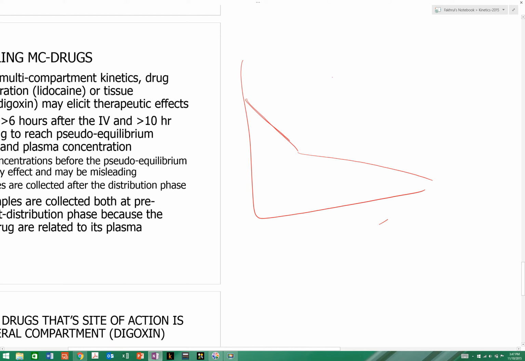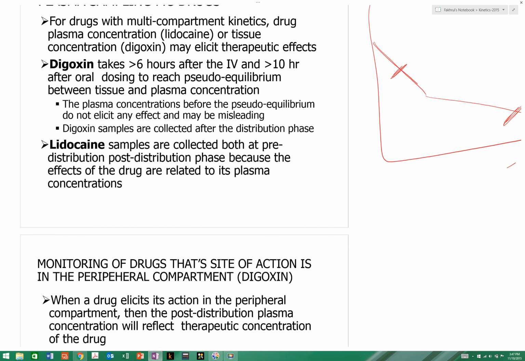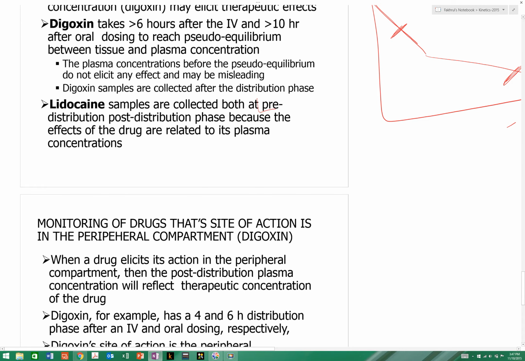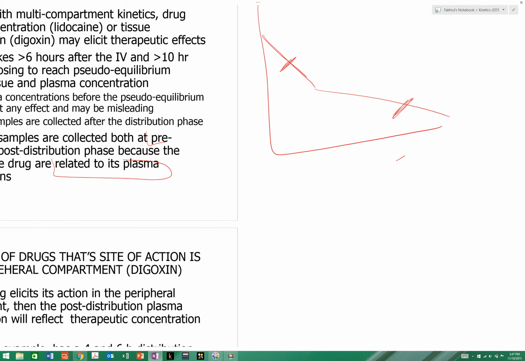So for this reason we have to take samples at both pre-distribution and post-distribution, because effects are related to its plasma concentration. So now we have to collect in both phases, during this phase and after this phase.